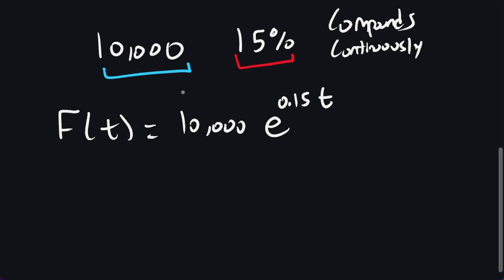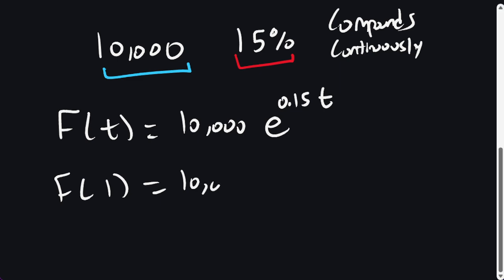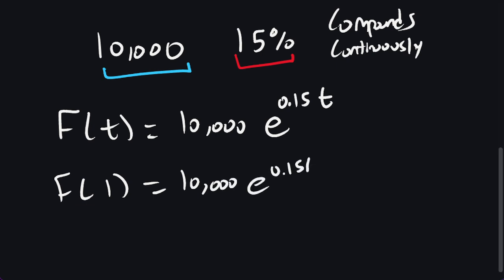And we can go ahead and figure out f of 1, which is how much money we'll have after 1 year of continuous growth. So f of 1 equals 10,000 times e to the 0.15 times 1. 0.15 times 1 is just 0.15.